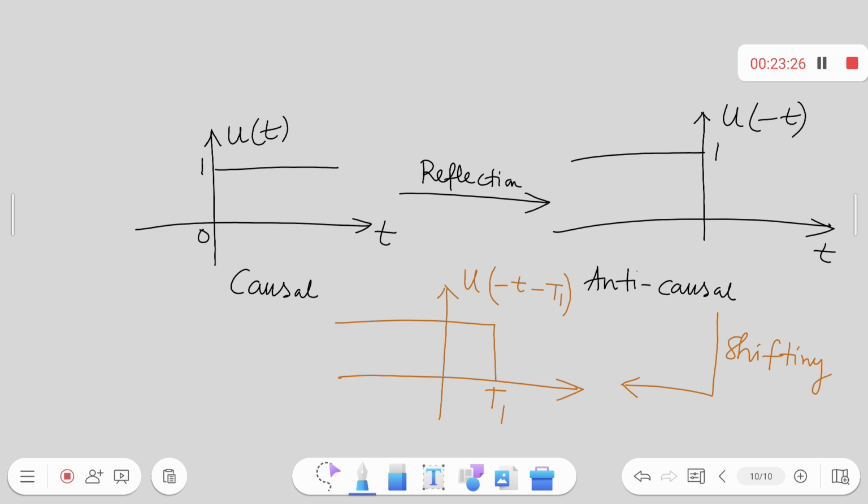So if I put small t equal to capital T1, you should expect that at u of 0 there is a discontinuity.